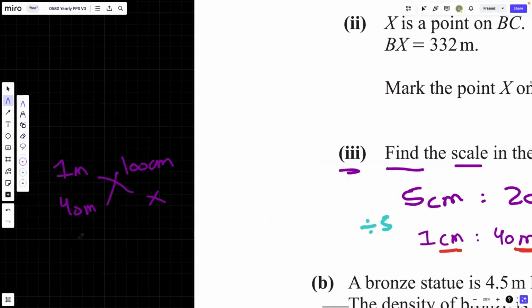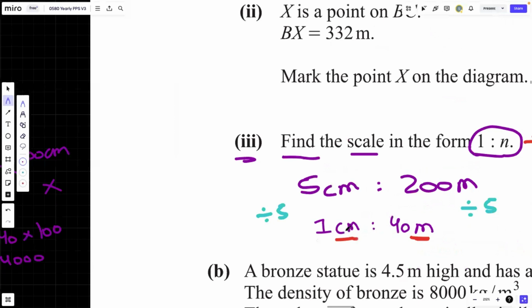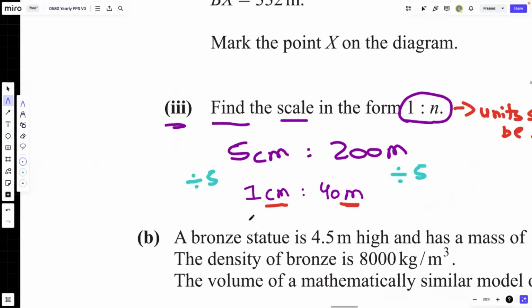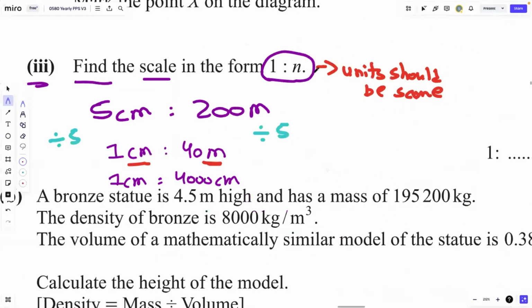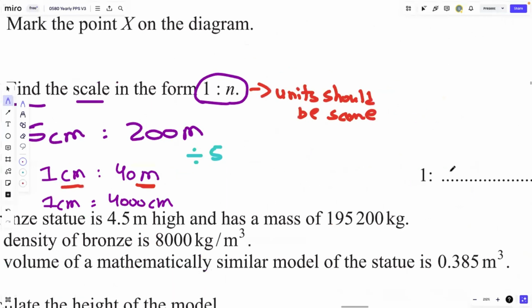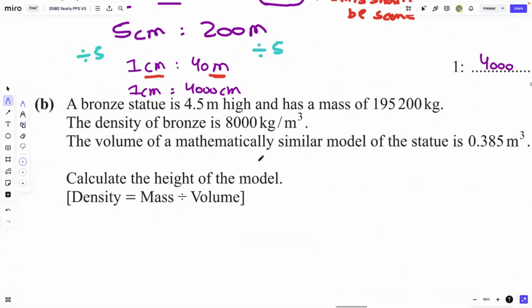So x times 1 is just x, and 40 times 100 is 4,000. So it's going to be 4,000 centimeters. So the next step, it's going to be 1 centimeter ratio 4,000 centimeters. And the value of n is actually 4,000. So it's 1 ratio 4,000. Now since they are in the same unit, that's how you're supposed to do this.